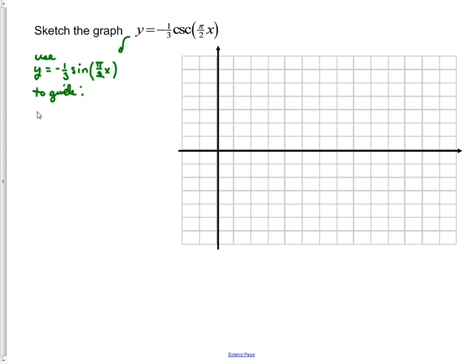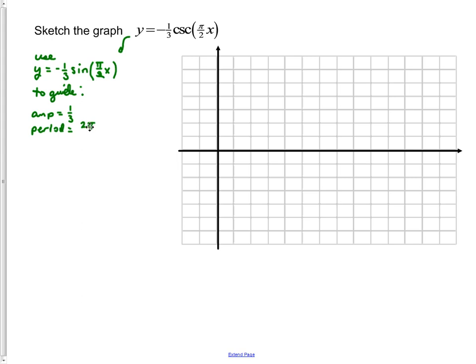All right, so let's look at what happens with this function. Of course, we know that one thing that we're always interested in is the amplitude and the range. So our amplitude is equal to 1/3. Our period, we need the period here, the period of this function is going to be 2 pi over b.